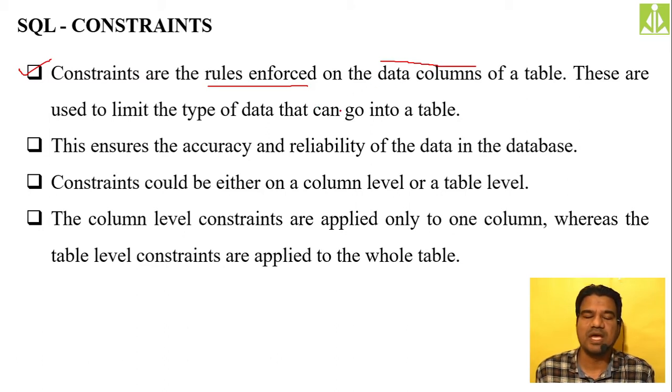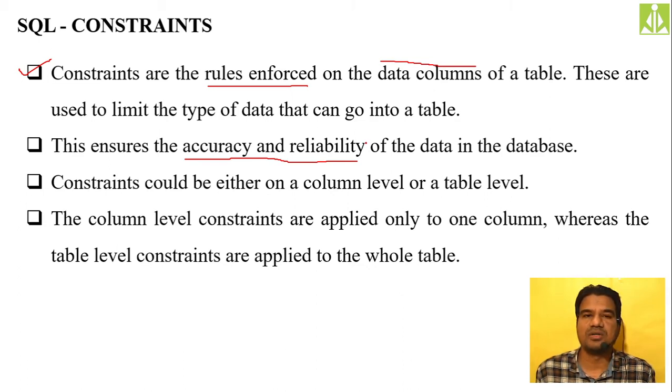So in order to limit the data entry into a particular table, we use these constraints. They ensure the accuracy and reliability of the data. Whatever data you are entering into the table, to enforce the accuracy and the reliability, we are using constraints.